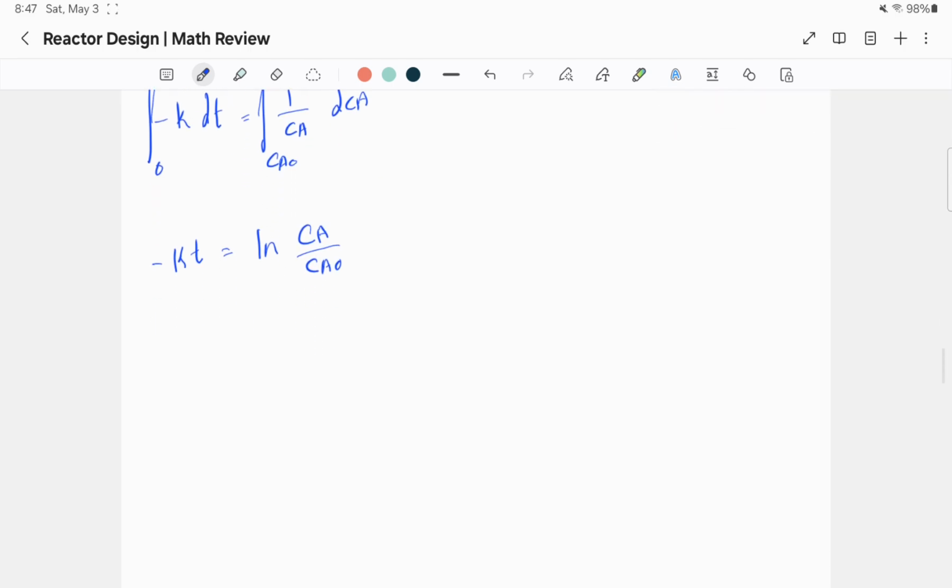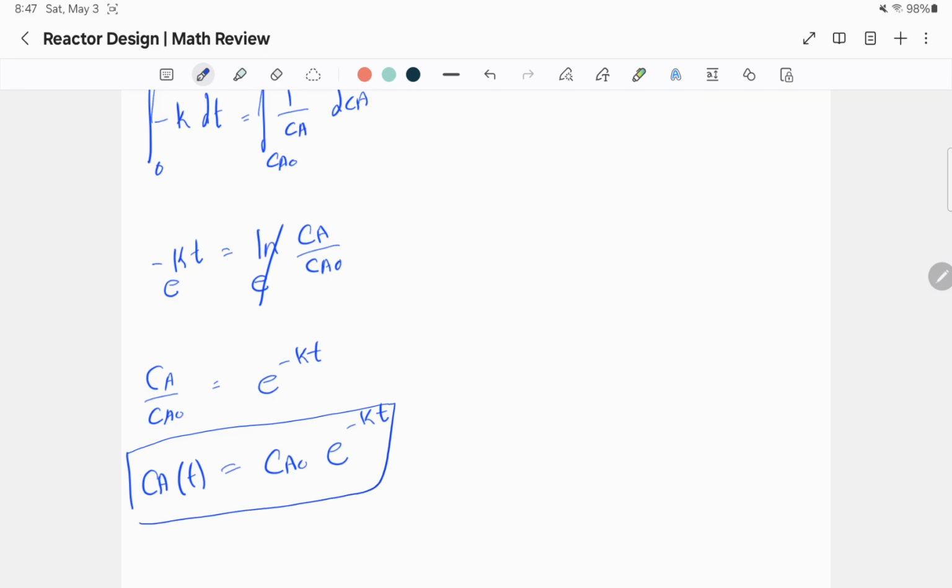So we're solving for CA. In order to get rid of this ln, we need to make both sides to the power of e. Now that's cancelled. We'll be left with CA over CA naught equals e to the power of negative K times t. Isolating for CA as a function of time, CA equals CA naught times e to the power of negative K times t.